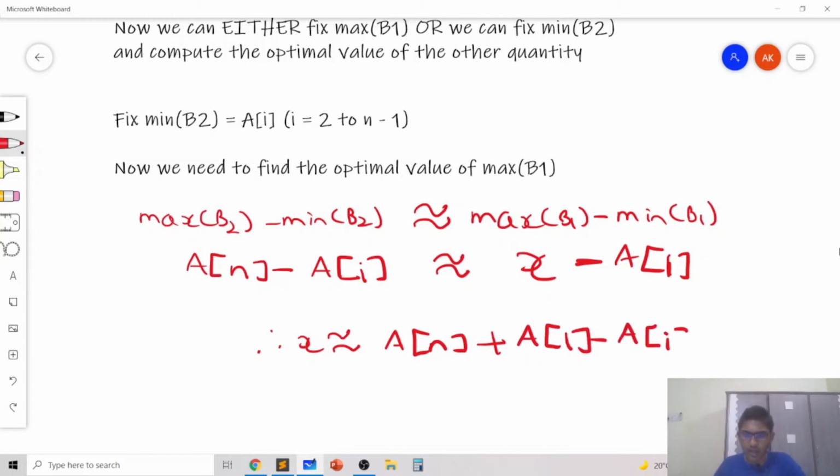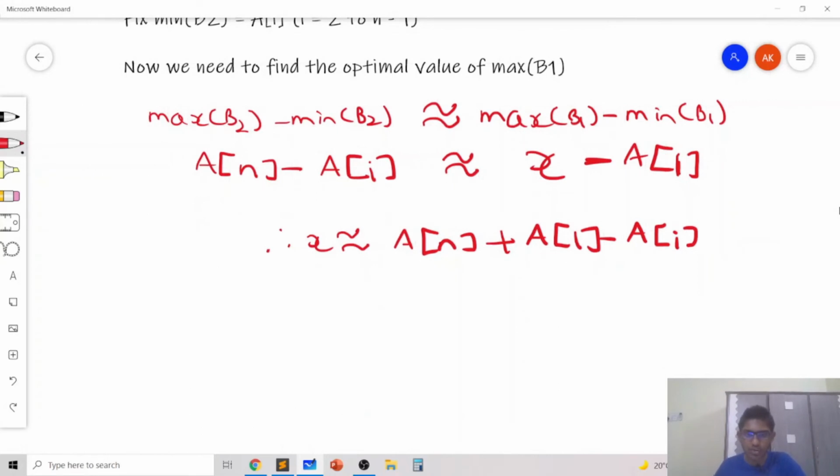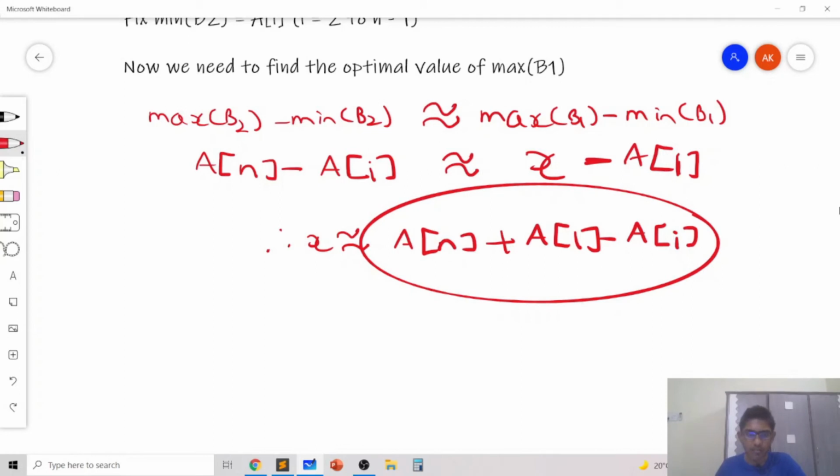Now a good idea when we are trying to find the value of X, which is as close to a particular quantity as possible, is to find the first value of X which is less than this quantity, and find the first value of X which is greater than this quantity.